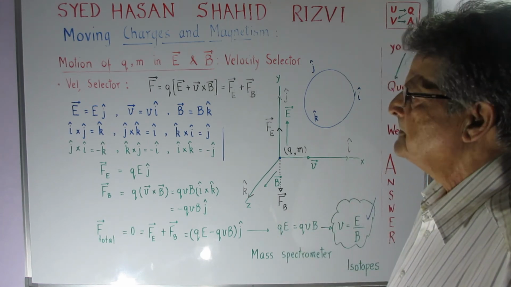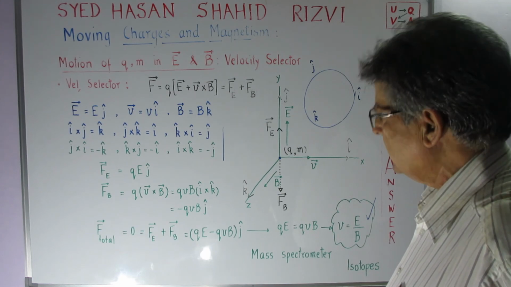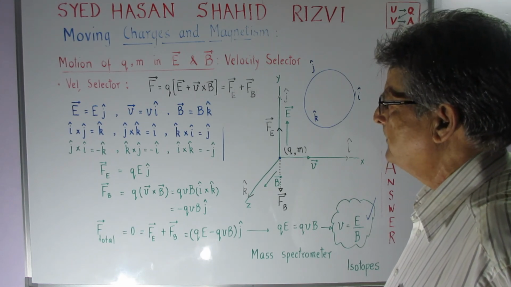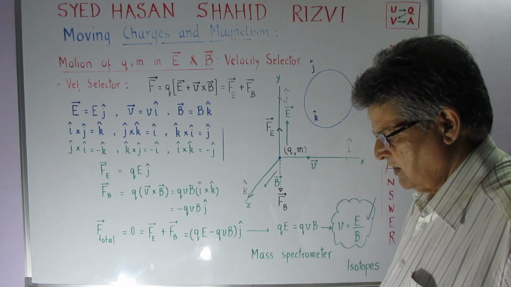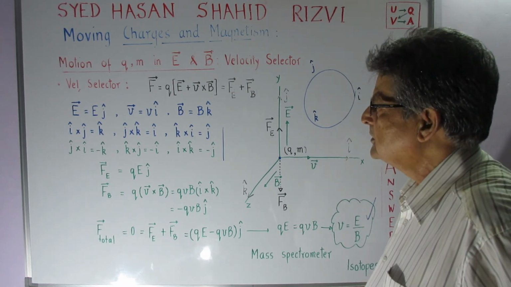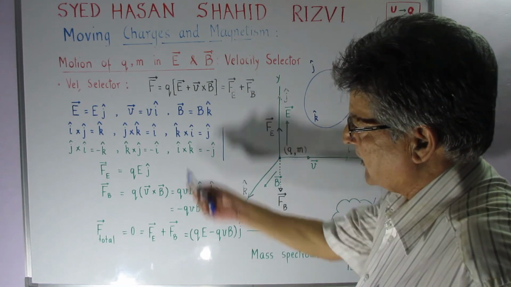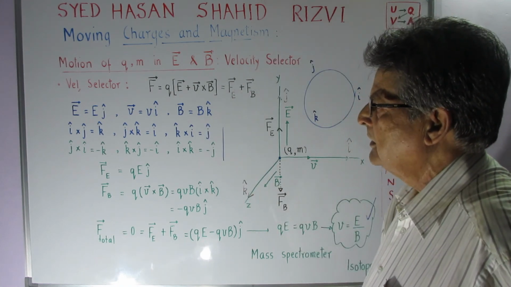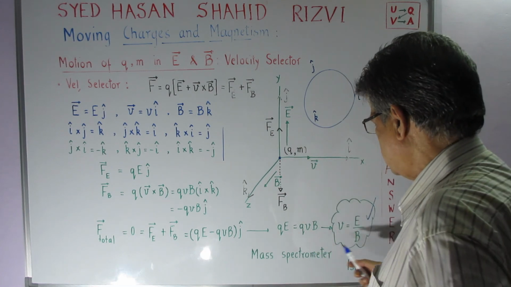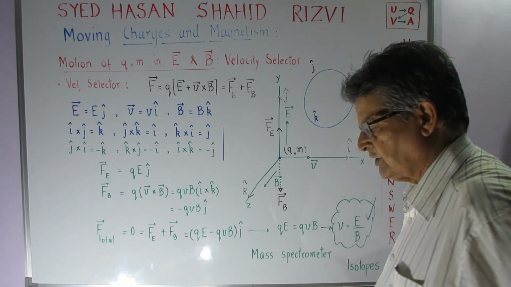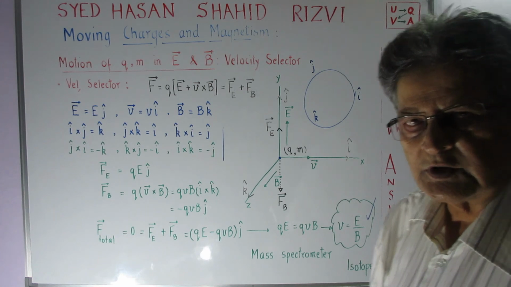So this is it for the day. I wind up here, and thus we have seen that moving charges in a magnetic field are subjected to this kind of force, and the velocity selection is done by means of this.